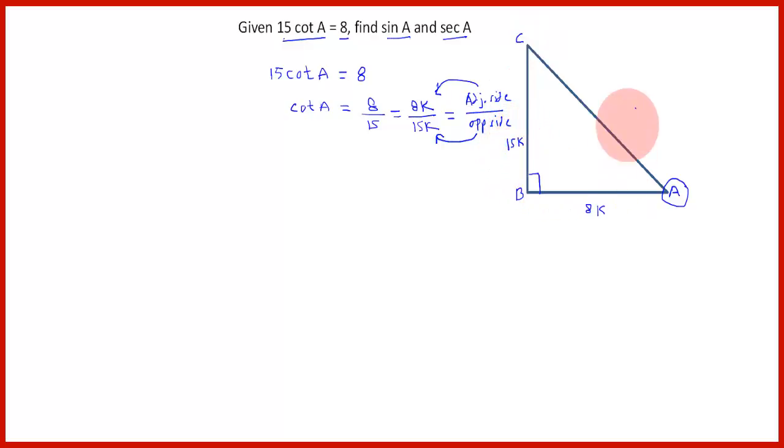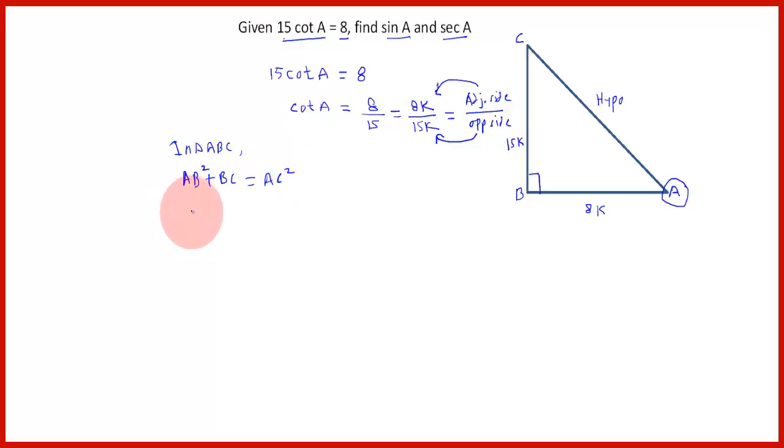Now we will find the hypotenuse. Since this is a right angle triangle, we will apply the Pythagoras theorem. So in triangle ABC, AB square plus BC square is equal to AC square.